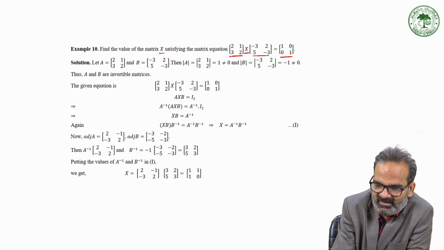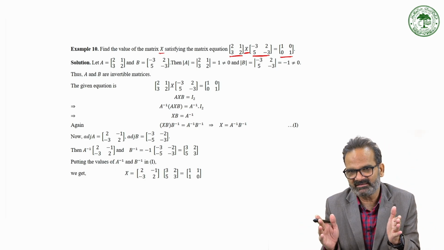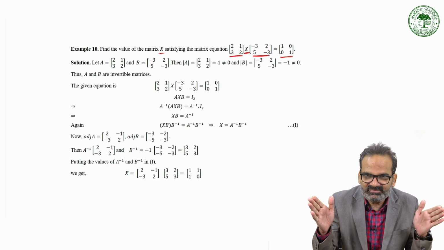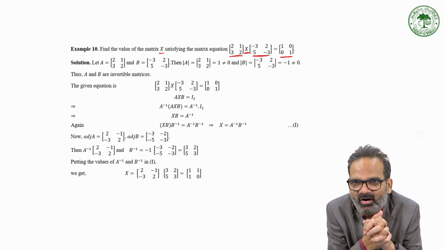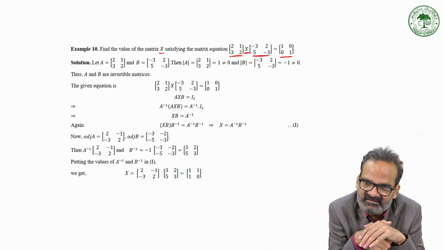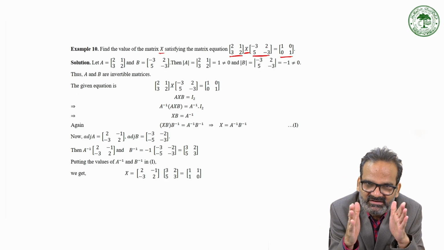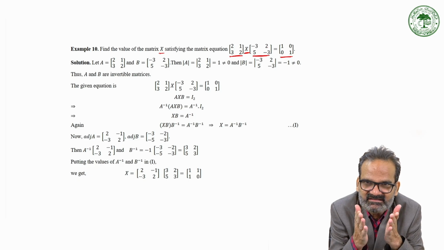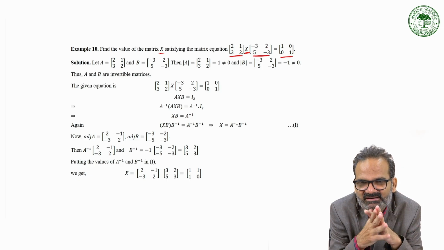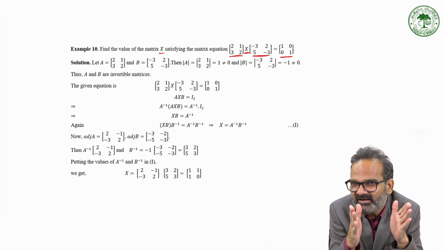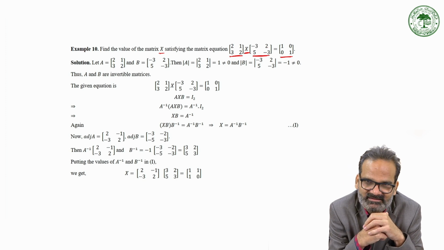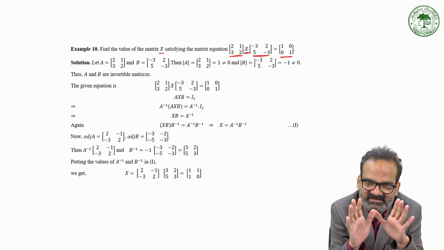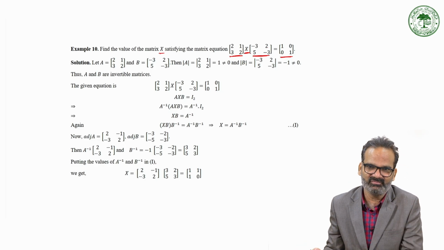This is matrix 1, X is matrix 2, and this is matrix 3. We have given three matrices, and the product of these three matrices is coming out to be the identity matrix on the right hand side. So what should the matrix X be, so that if all these three matrices on the left hand side are multiplied, the product comes out to be an identity matrix? Clear? This is our main objective. See how we will find its solution.